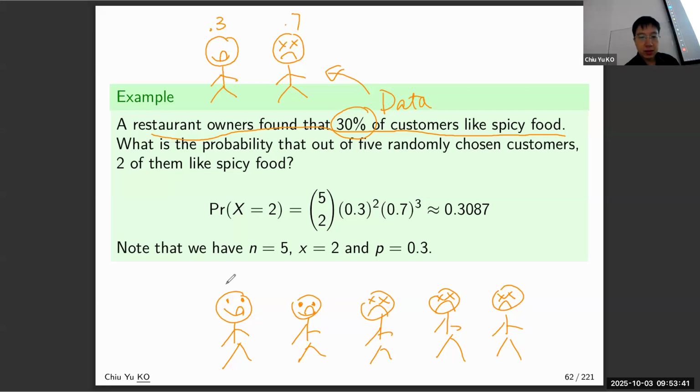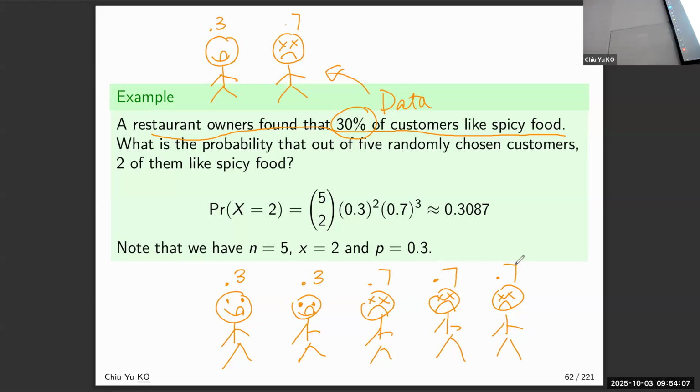It will be 0.3, 0.3, 0.7, 0.7, 0.7, right? Each one will come in this. And since they're independent, by the multiplication rule we will just multiply all together and that's it, right? So that's why it's 0.3 squared, 0.7 cubed, right? So that is the idea.